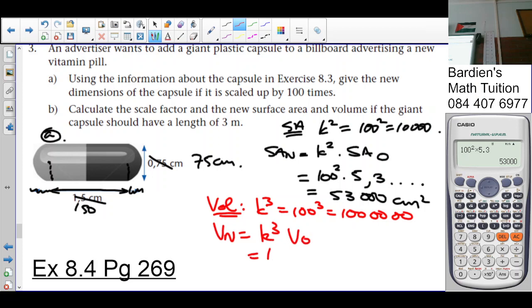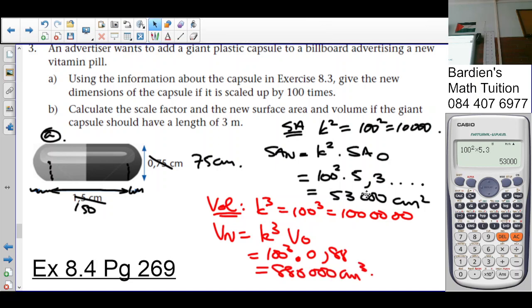So it's going to be 100 cubed times what the volume in 8.3 worked out to be, 0.88. So it's going to give you 880,000 centimeters cubed. Okay? And that's how you work it out.